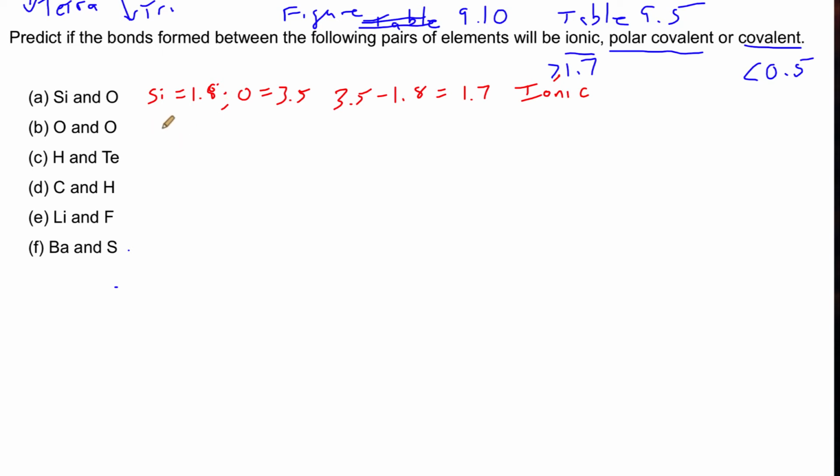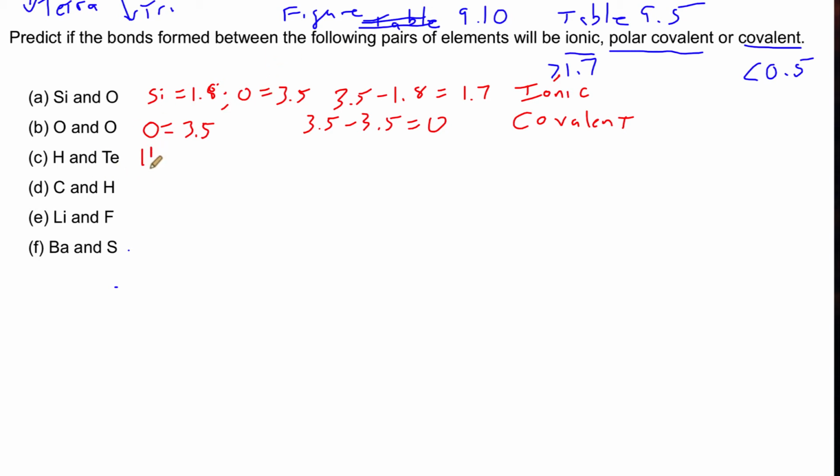Our second example looks at oxygen. Oxygen, we just found from the previous one, has an electronegativity of 3.5. To find the difference, it's 3.5 minus 3.5, which is 0, and that means it's going to be covalent. Any compound containing the same atom, so oxygen and oxygen or any other atom, is always going to be covalent because the electronegativities are going to be the same.